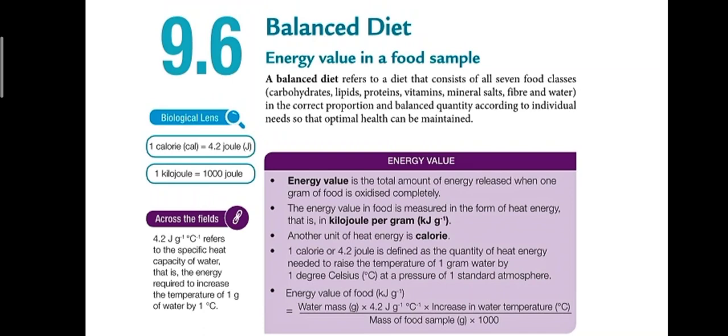Maksudnya untuk meningkatkan suhu 1 gram air by 1 degree Celsius, dia perlu heat sebanyak 4.2 joule. Then we times again with the increase in water temperature, final temperature minus initial temperature of water. Then you divide with the mass of the food sample in gram, times with 1000. Itu adalah formula untuk energy value of food in kilojoule per gram.